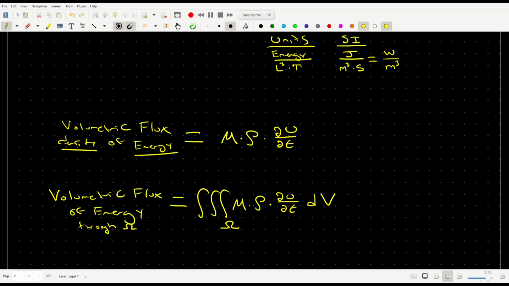And so this quantity, the volumetric flux of energy through the region omega, is going to have units of just watts.